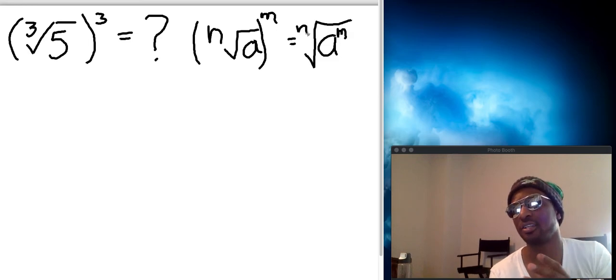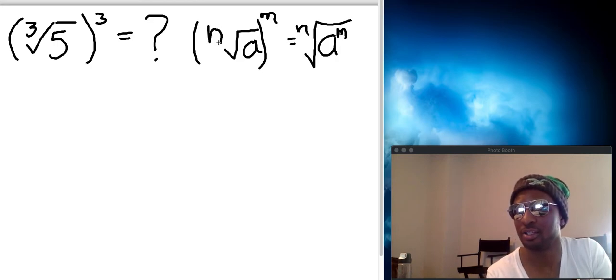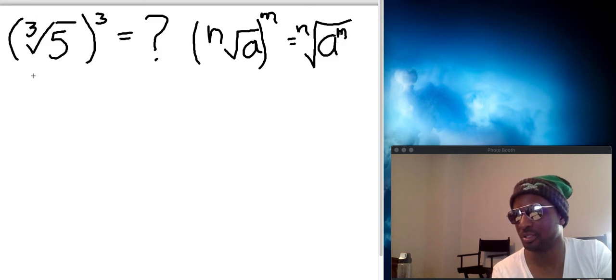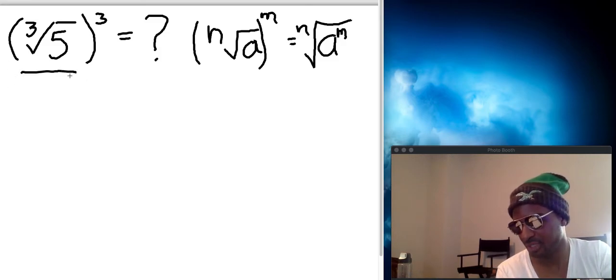Not the square root, we're going to take it to the nth root, whatever nth root was already on our variable on this side. We're just going to take that up to the m power. And so what that is going to look like is basically we're going to take the cube root of 5 cubed.